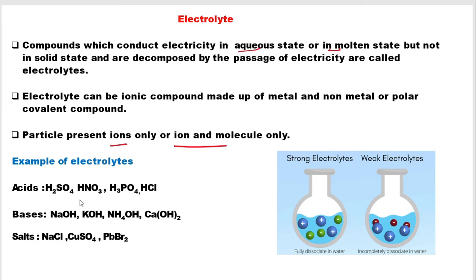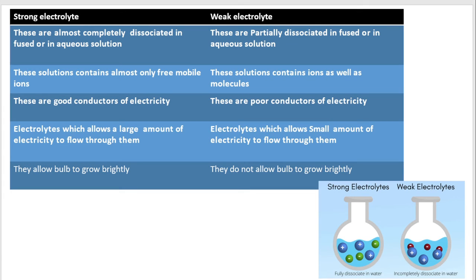All strong acids, all strong bases, and salts of strong acids and strong bases behave as electrolytes. Clear? Now electrolytes can be further classified into two subdivisions, that is strong electrolytes and weak electrolytes.